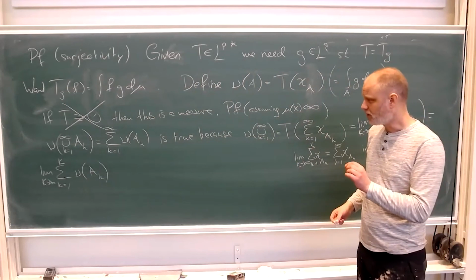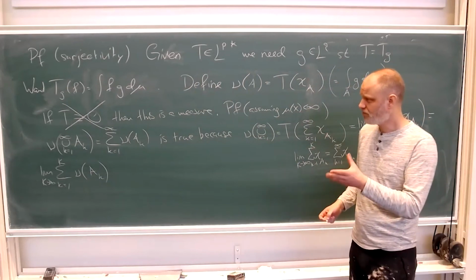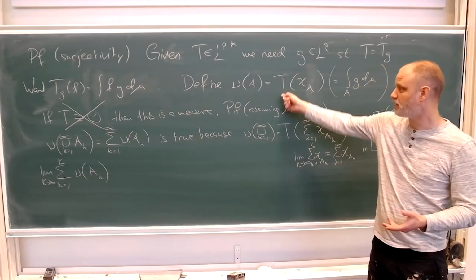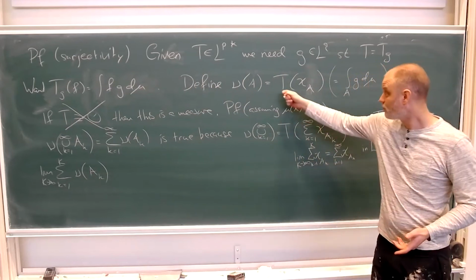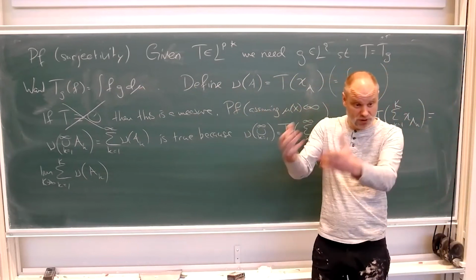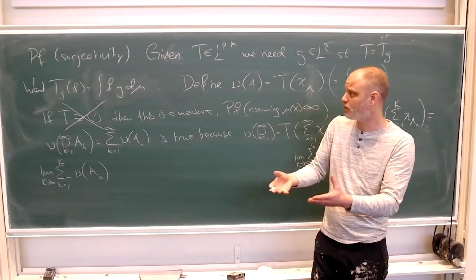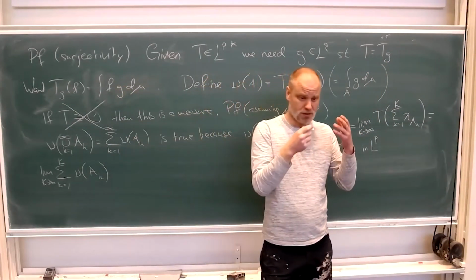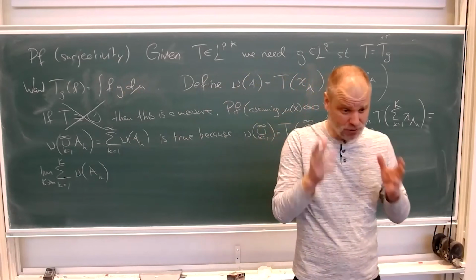Then there's another thing. Okay, so if this is a measure, now we have something to work with, right? First, we just had the stupid linear functional, but then through this clever choice, we constructed a measure. At least we have something to work with. But we don't want any old measure. We want the function g times mu to be our particular measure.